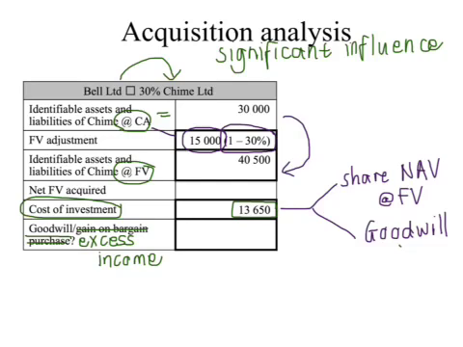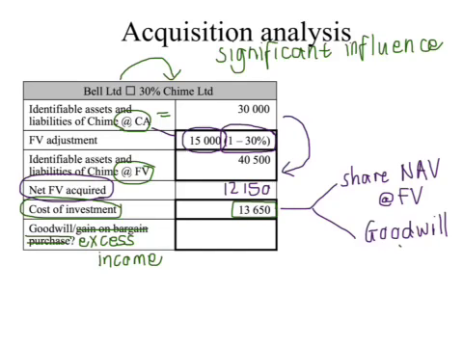Okay, so that brings us to our net assets and liabilities at fair value. We then calculate our share of those assets. That is 30% of the 40,500, which is 12,150. We paid for that, our share or our investment in the associate, and we paid 13,650.